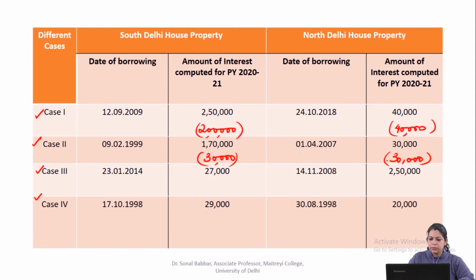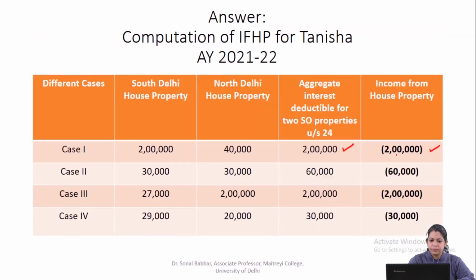The total is 60,000 rupees: 30,000 for South Delhi and 30,000 for North Delhi. Therefore, income from house property will be NAV, which is nil, minus interest on borrowed capital, which is 60,000. Therefore, negative 60,000 is recorded here.